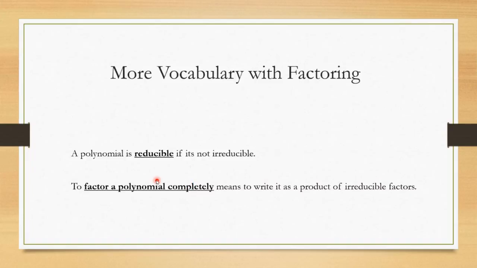Now, to factor a polynomial completely means you write it as a product of irreducible factors. Basically, you factor the polynomial until you can't factor it anymore. You keep on factoring it until you can't factor anymore. And you can always write it as a product of irreducible factors.